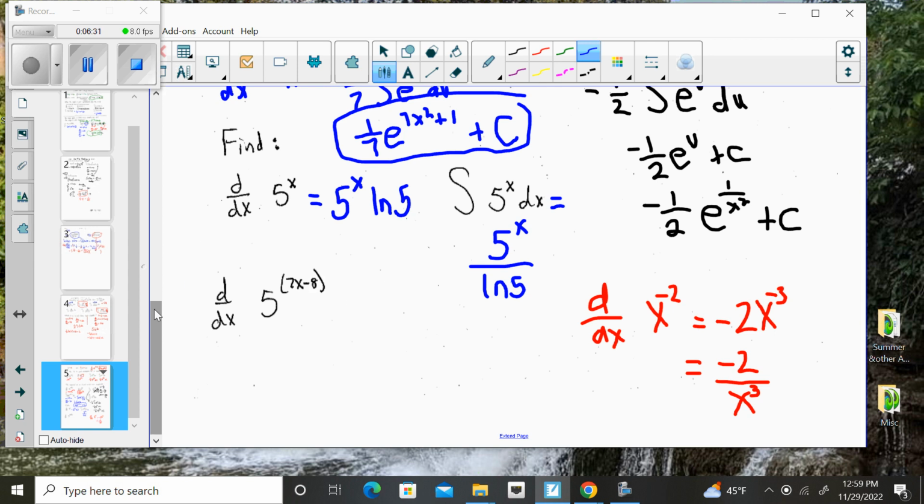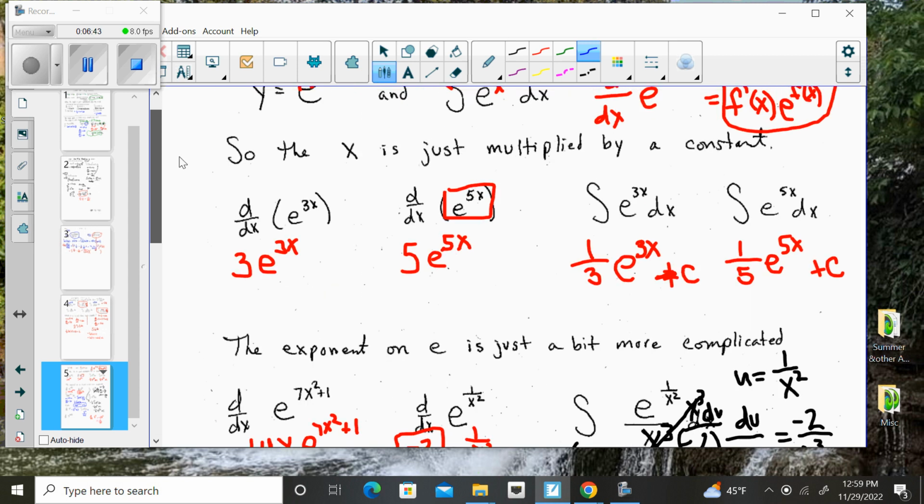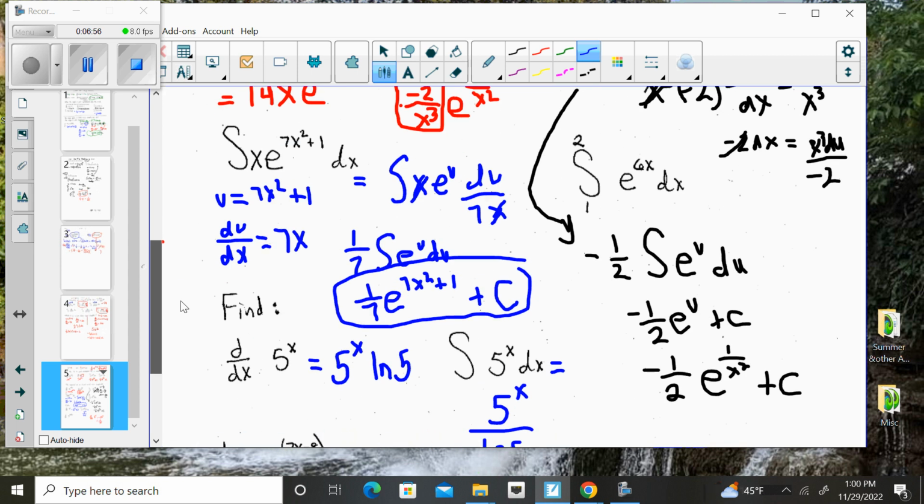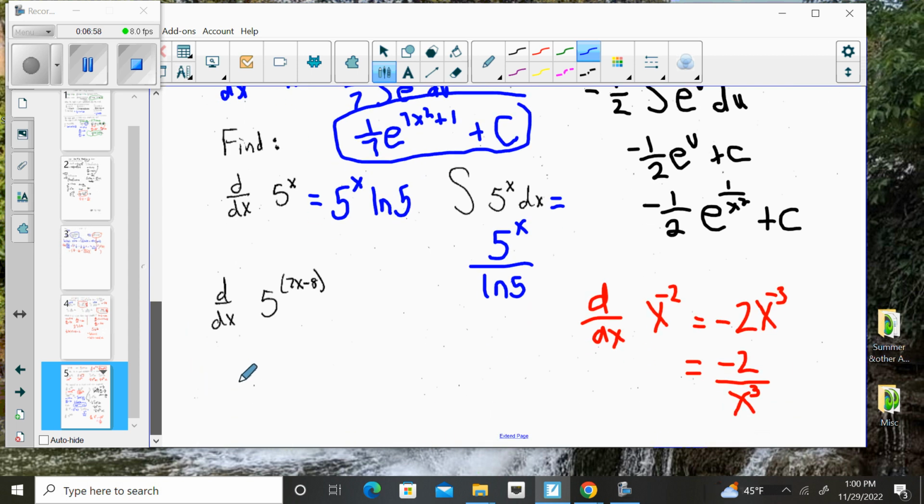I don't think I did any problems like this last one in class, but I'm hoping that you can take what we know about taking the derivative of this, and also if something's being raised to a function of x, we have to take the derivative of the function of x and multiply it by the base to the power. I hope you can put all those pieces together. Try this last one, in any order, it does not matter.